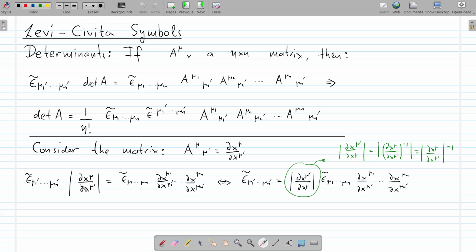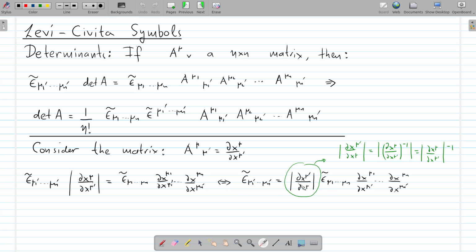And you see that we can carry the determinant over to the left hand side. Of course this is trivial because it is a number, but it will go to the denominator. But if we observe that the inverse of this determinant is simply the determinant of the inverse, where the inverse is the matrix of derivatives of x mu prime with respect to x mu, we arrive at this very useful formula.